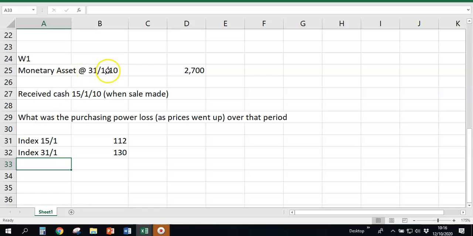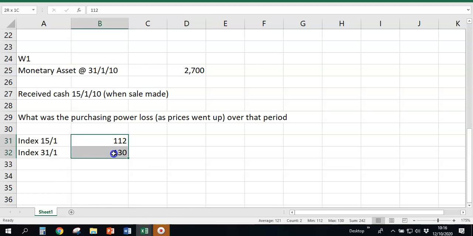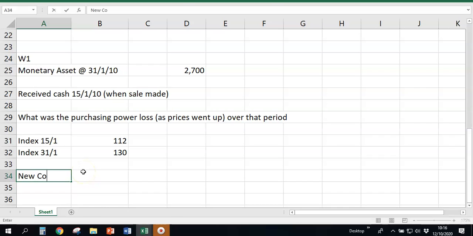So this is important. We are only interested when we get the cash in. We got the cash in on the 15th of January, and it was worth 27. However, prices have gone up since then over the last 16 days. So the new cost of assets worth 27 on the 15th of the 1st is now 27 times 130 over 112.